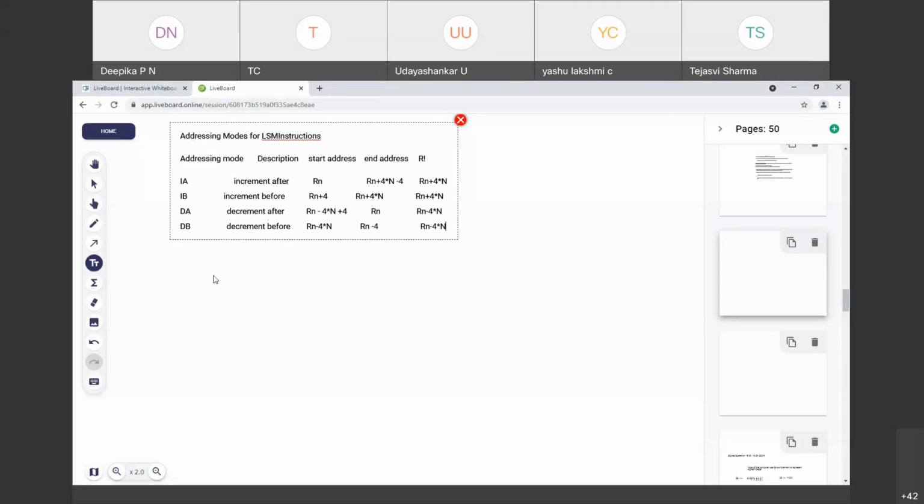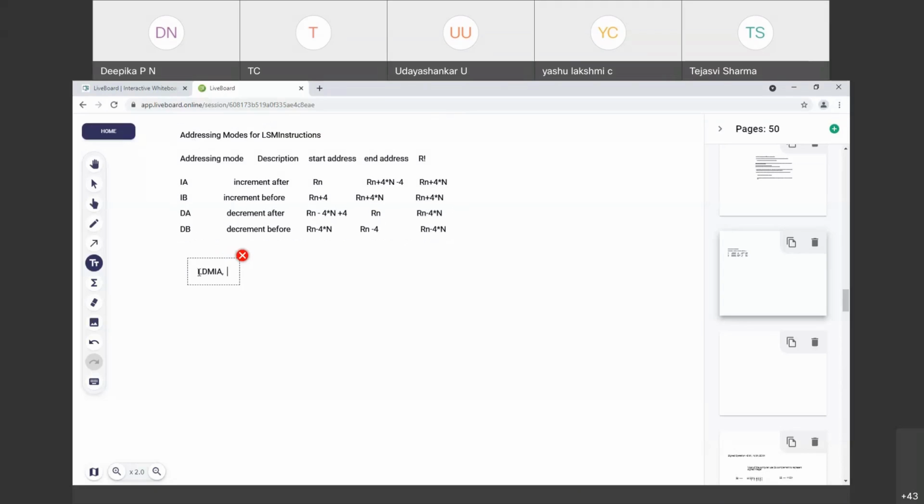This is the table which indicates what instructions are available, if somebody asks. Then you can easily write them. Make use of these addressing modes and you write LDMIA as my first instruction.